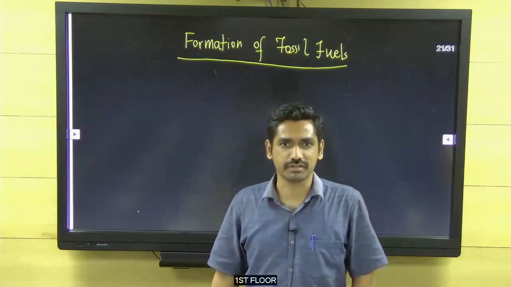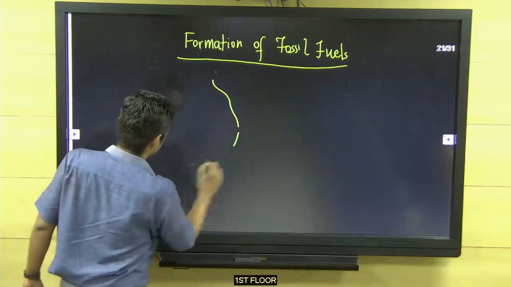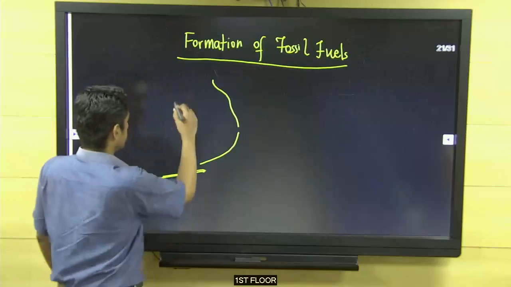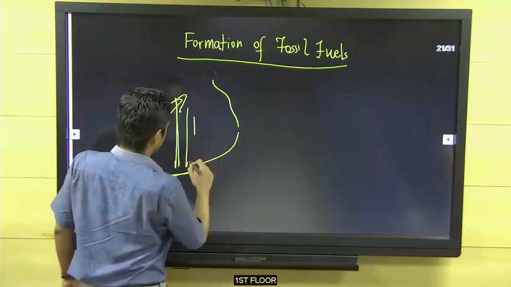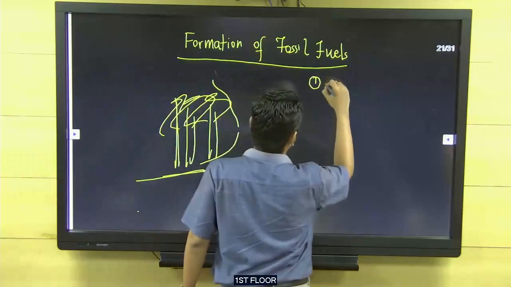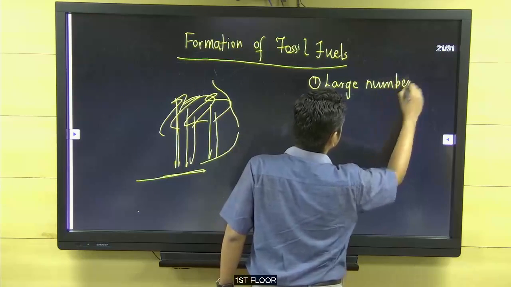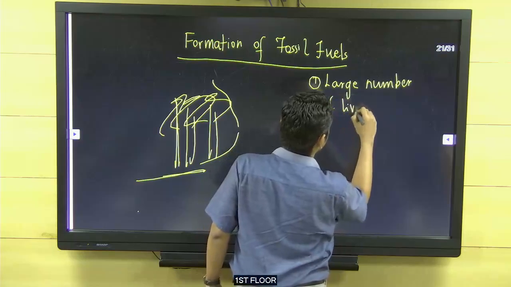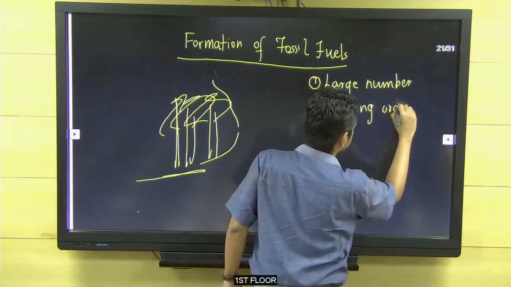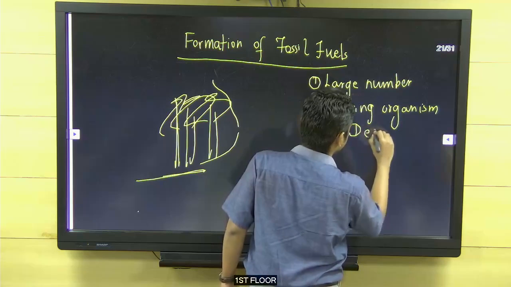First is mass murder. You need a large number of living organisms, right? So visualize a large number of living organisms. Let's say there is a forest area which is closer to the coast. The first is large number of living organisms, and then they are all dead.